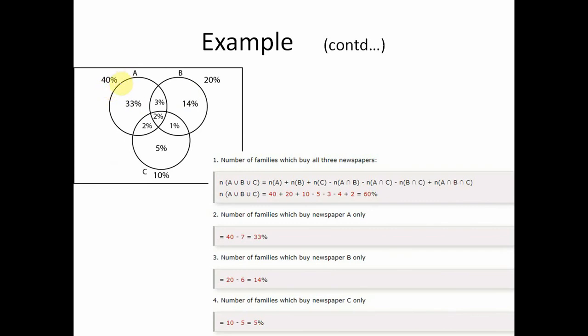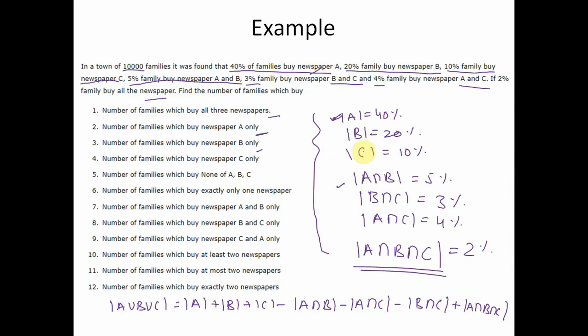It simply says A 40%, B 20%, C 10%, then 2%, 2%, 1%, 3%, 5%. This is simply the representation. So number of people who buy all the three newspapers, that means the cardinality of A union B union C. Simply apply the principle of inclusion and exclusion with these values that we have identified.